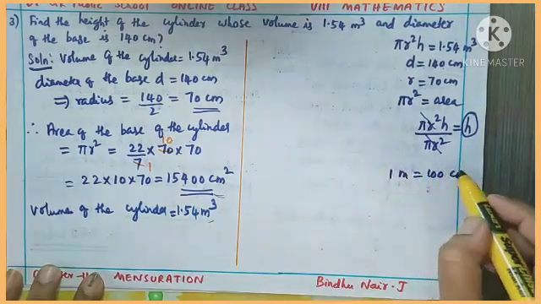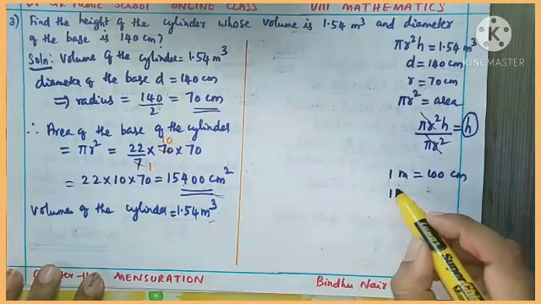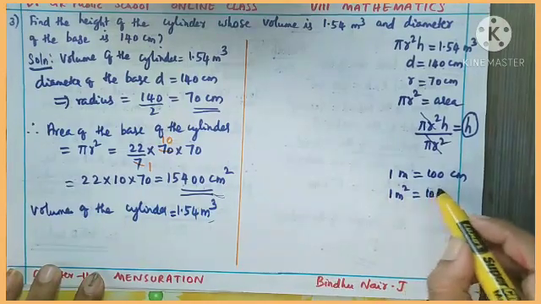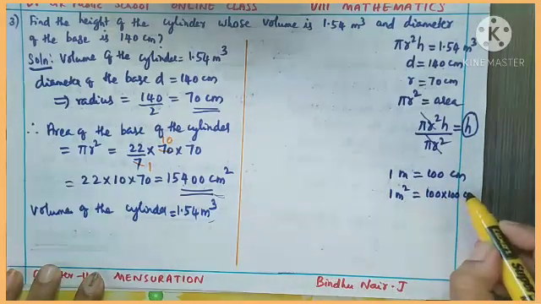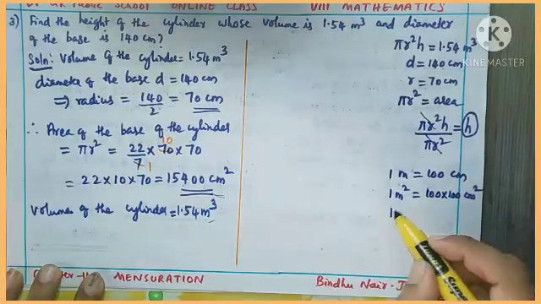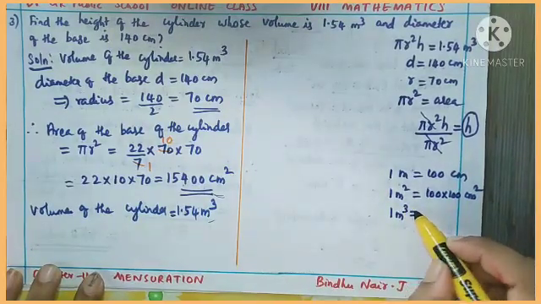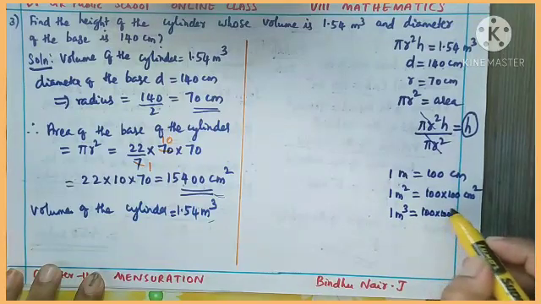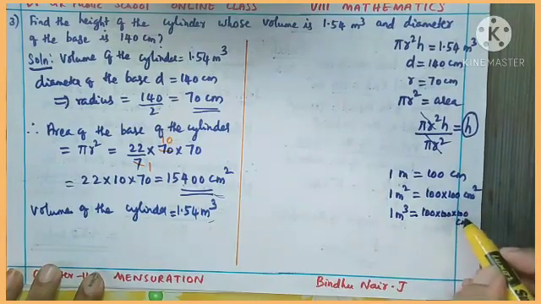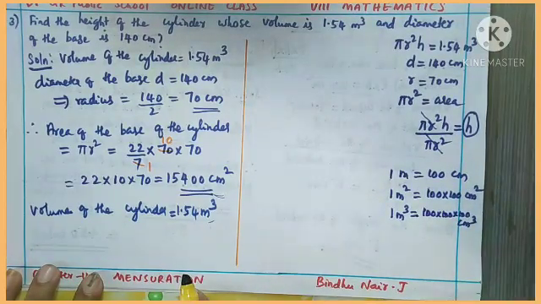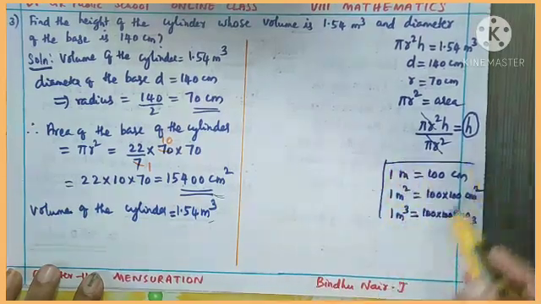100 centimeters. Okay, so 1 meter square is equal to 100 into 100 centimeter square, and 1 meter cube is equal to 100 into 100 into 100 centimeter cube. Right? This is the thing you want to remember here.